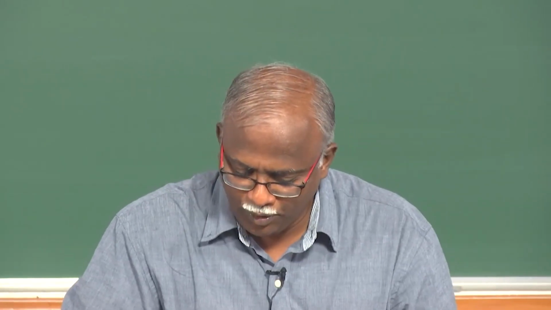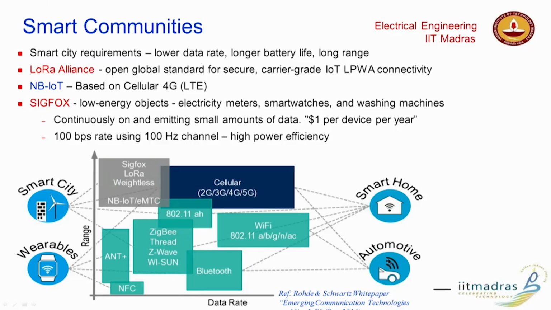So, if you are talking about an automotive application, the dotted lines tell you which are the likely technologies that will meet your requirements. For automotive, cellular is probably going to be a good technology, but if you are talking about short range communications, once you enter a parking lot, then Wi-Fi could equally well be an option.